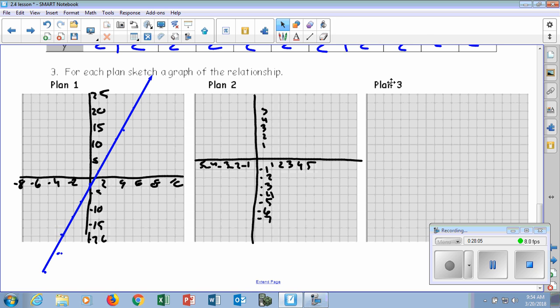So I just went by ones this time. Now, based on the Plan 2 table that we have, I can go up a little bit. Based on the Plan 2 table, we should be able to plot all of these. I think I might have one, maybe 2 off the graph a little bit, but we'll just try to plot it as best as we can.